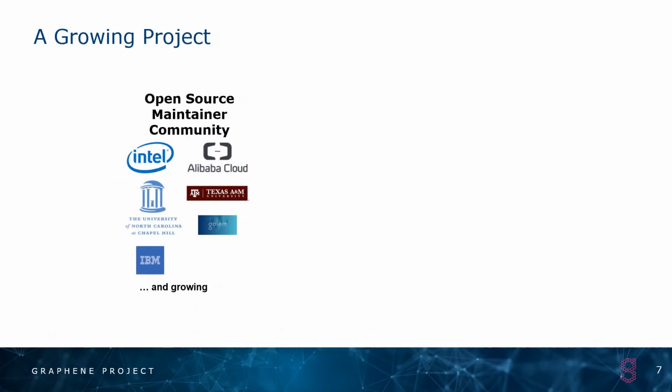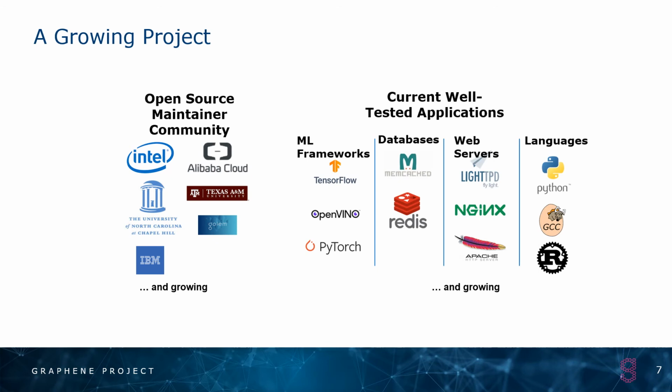Graphene is a growing project. I'm delighted that we have a growing maintainer community of individuals, institutions, and companies contributing effort to both the overall maintenance and direction of the project, as well as code contributions. We also have a growing set of well-tested applications, including machine learning frameworks, databases, web servers, and programming languages.